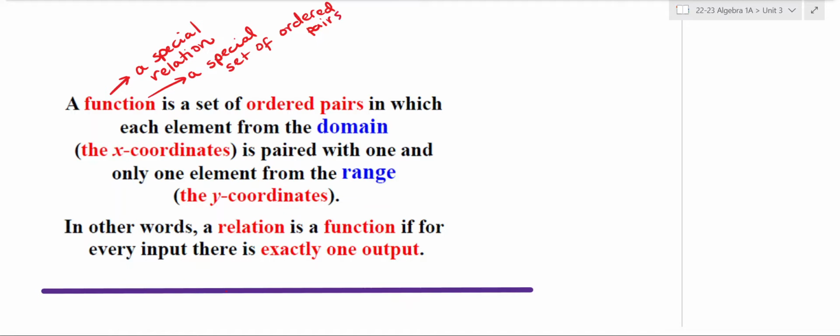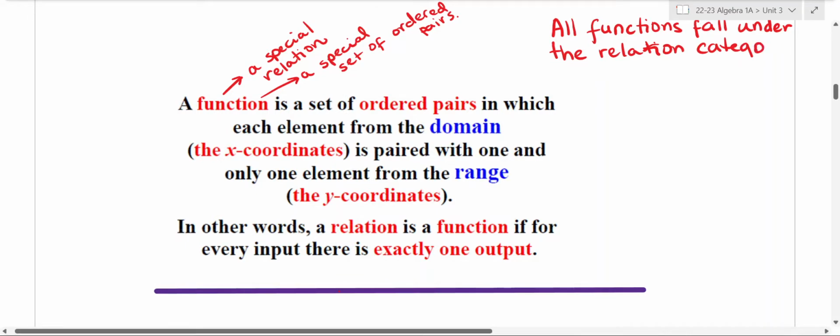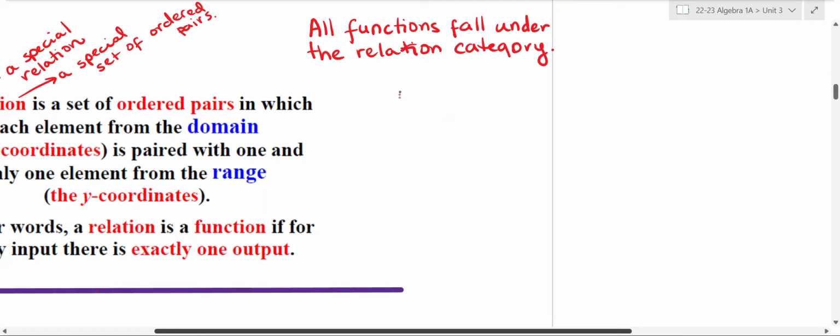So I'm going to write this down: all functions are relations. All functions fall under the relation category, but not all relations are functions.